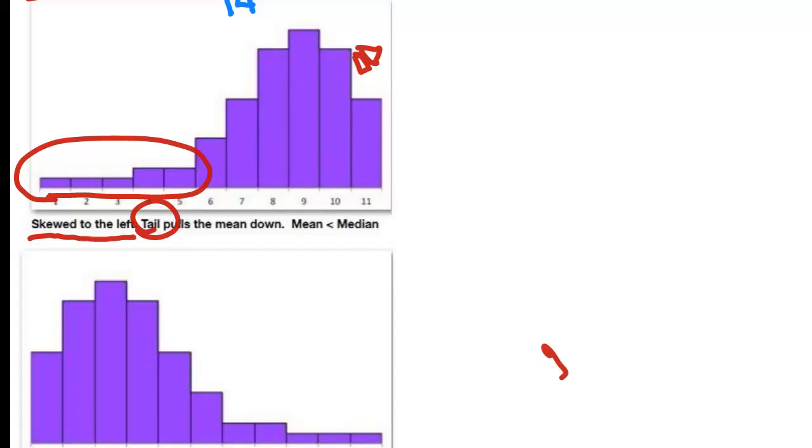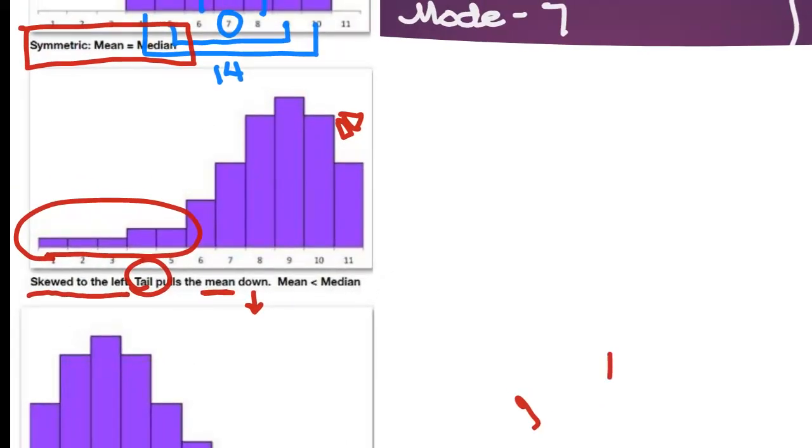So we say that it is skewed to the direction that the tail is. Skewed to the left, the tail pulls the mean down. Which means your mean or the average is going to be less than the middle or the median.